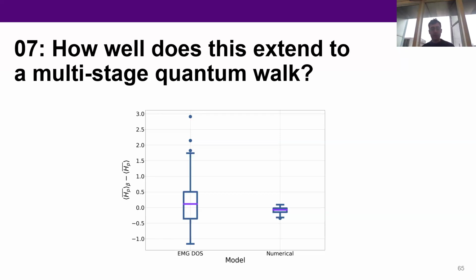And we can see for the exponentially modified Gaussian, it's making a roughly unbiased estimate, but suffers from the accumulation of errors due to fluctuations in HP at each stage. While the numeric, if we just numerically fit a Gibbs state solely using the energy, we see we're making a pretty good prediction of HP. So even at this 5-stage limit, we're still very thermal.